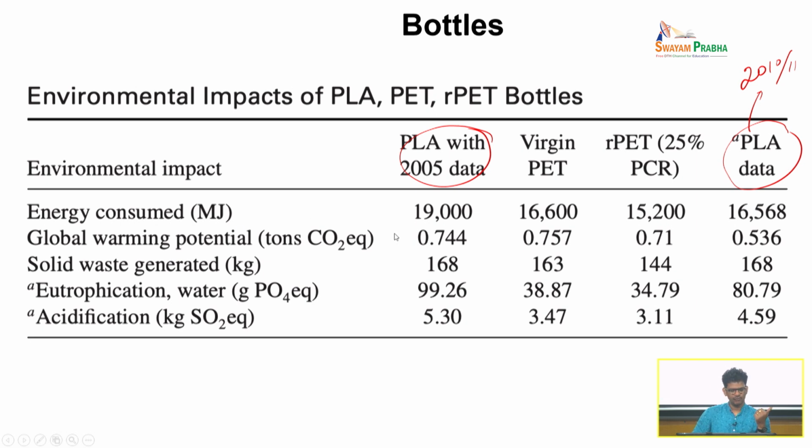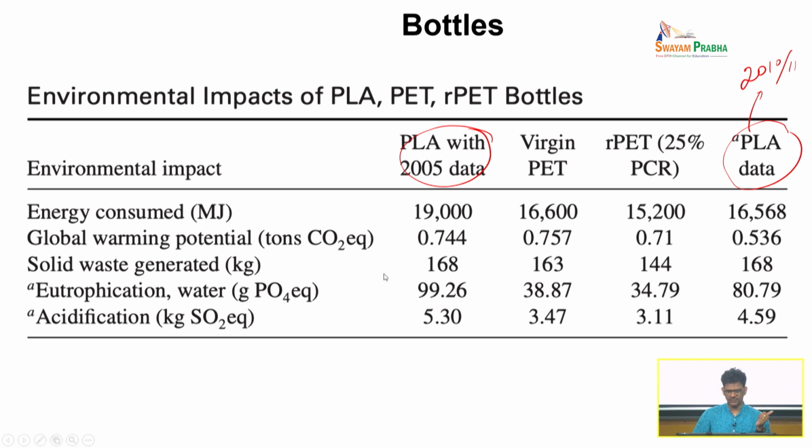Why? If you look at the energy consumption, the previously produced PLA process consumes about 19,000 megajoules, whereas the newer version of PLA has about 16,560. So there is some energy saving with the new material. Similarly, there is a reduction in carbon dioxide emission, which is a good thing.